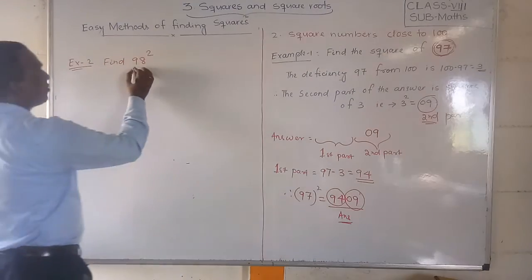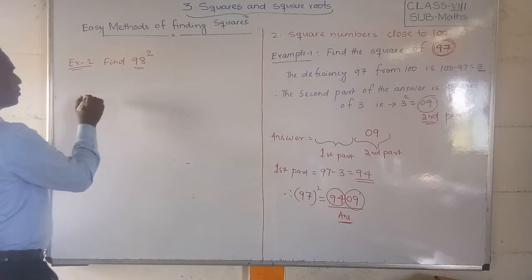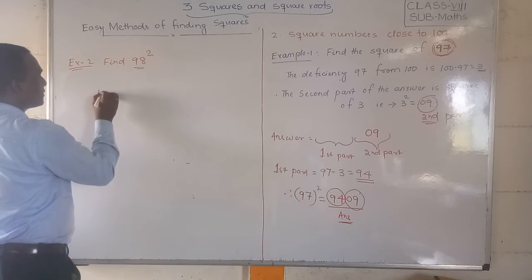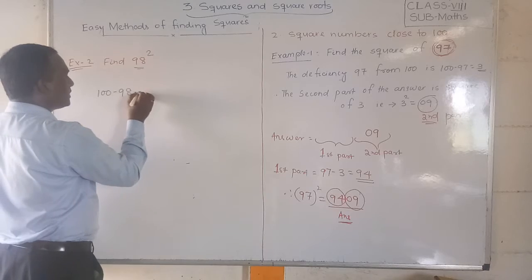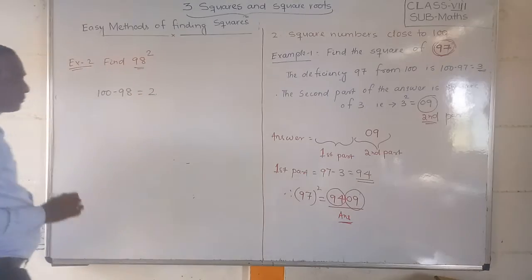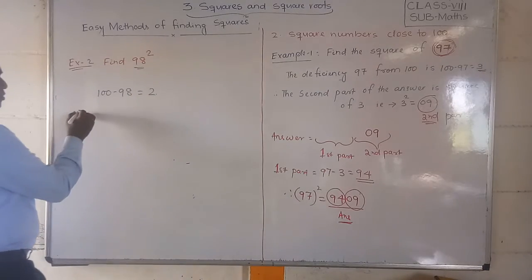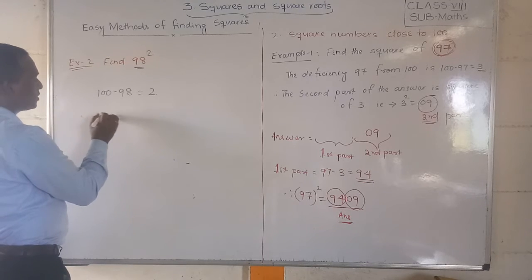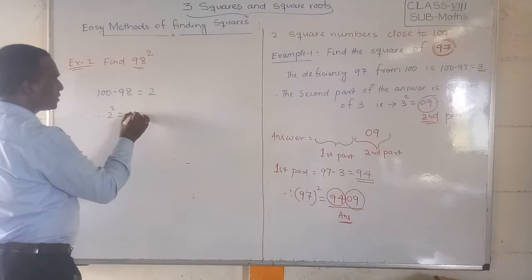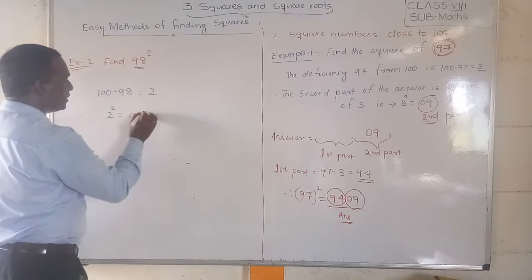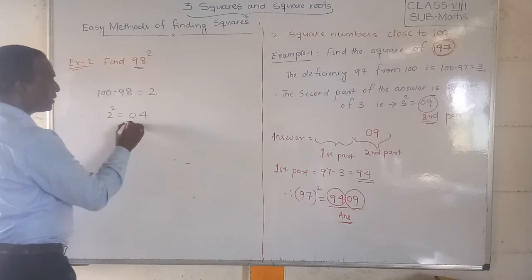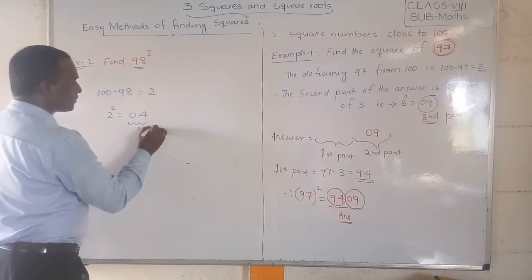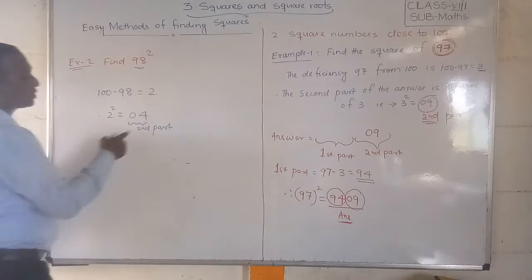First of all, what you have to do is 100 minus 98, which is equal to 2. So the square of the deficiency, 2 square, is equal to 4. You have to write 04. This is the second part we got.